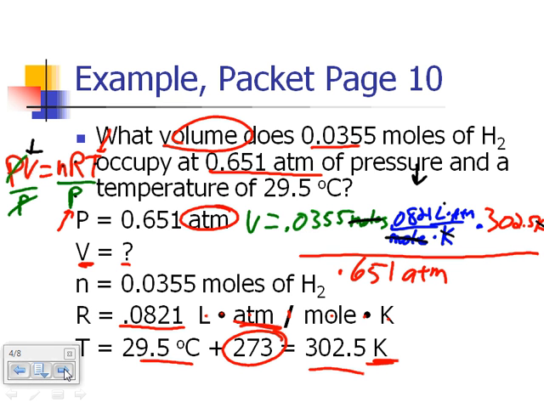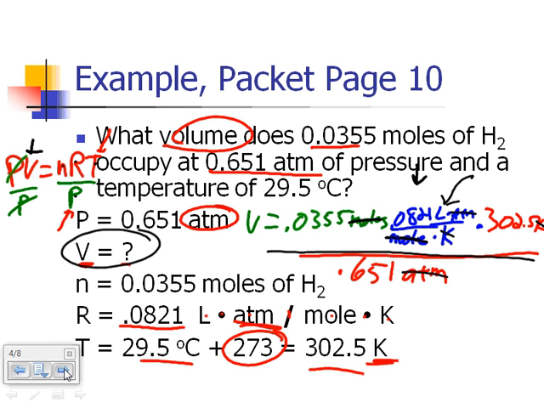Now if you look at the whole big divide here, you have atmospheres in the numerator, atmospheres in the denominator. Those will cancel, and you will be left with liters. And that's what we're looking for. We're looking for a volume in the end, so that's going to be liters.